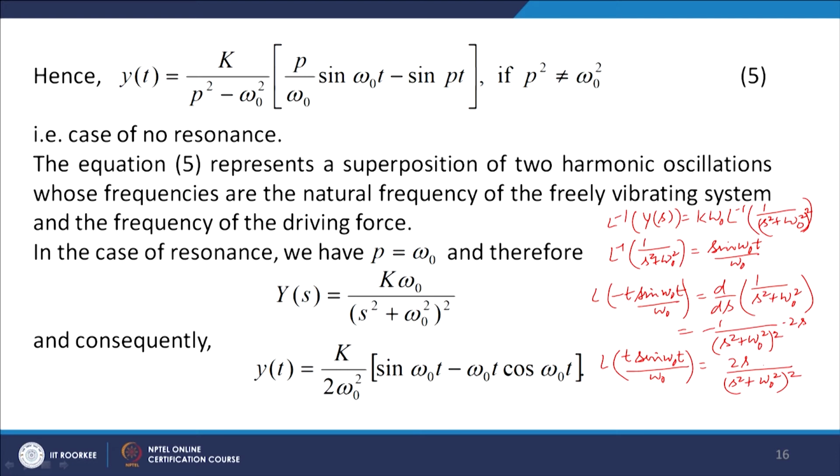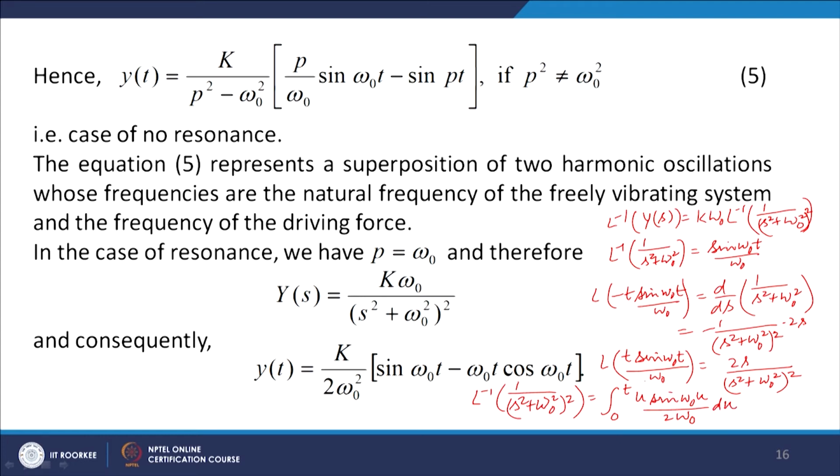This means that L inverse of 1 over (s square plus omega naught square) whole square, where we are dividing by s, will be the integral over 0 to t of u sin omega naught u divided by 2 omega naught du.